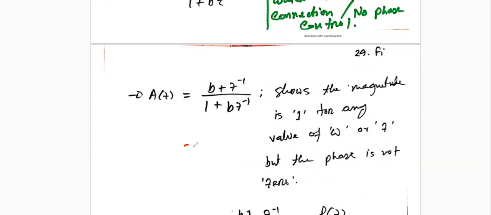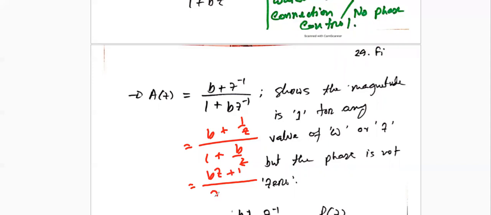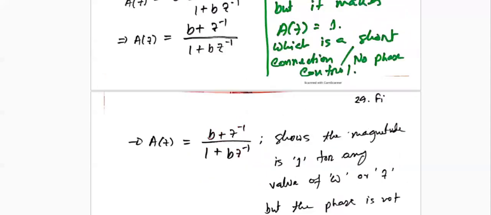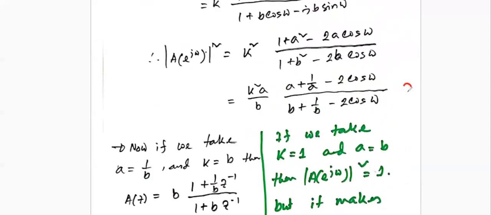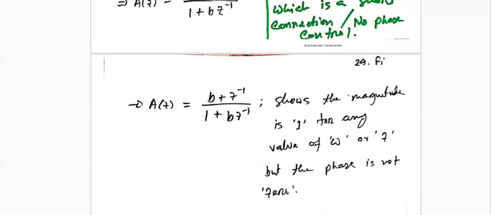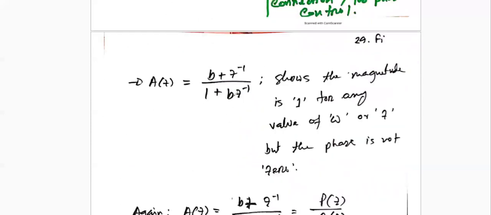You can write it like this. This is 1 plus b by z, and this is b plus 1 by z. So here it is actually (bz plus 1) divided by (z plus b). So for this, we definitely got the magnitude response equal to 1. However, what about the phase? You can control the phase based on the value of b.